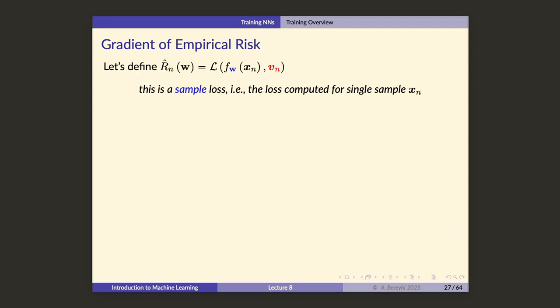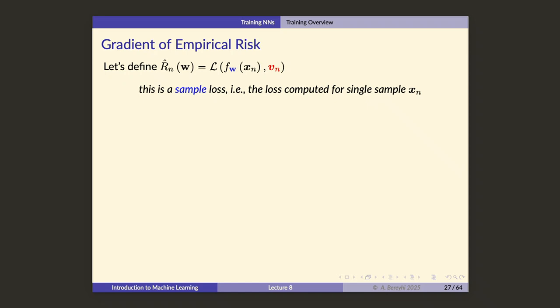So let me define the loss between the output of the neural network and the true label, for one particular sample. Let me show it by R hat n. And what is R hat n? This is what I call the sample loss.